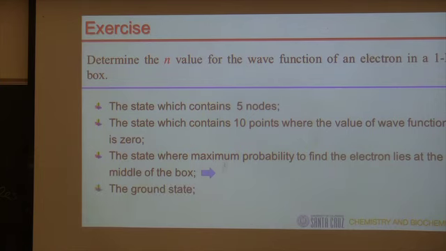The ground state. What's the definition of ground state? The lowest energy. Okay, so n equals what? n equals 1. Can you see n equals 0? Invalid. The fourth excited state.